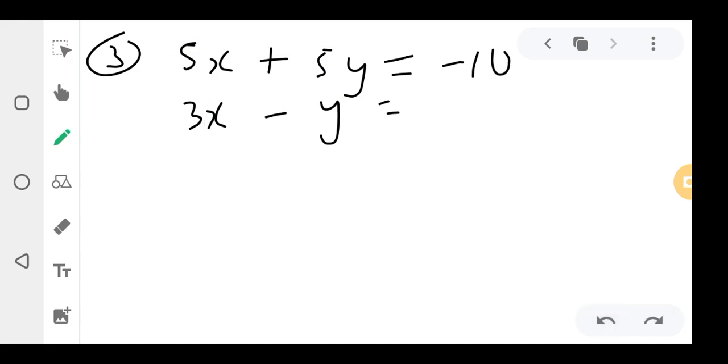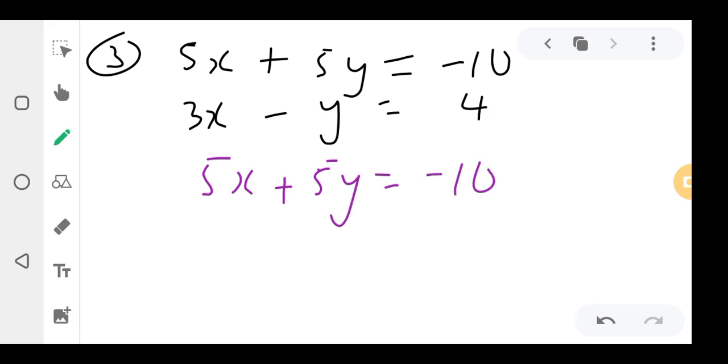So we start. The first thing we do is we write this equation here: 5x plus 5y is equal to negative 10, and then 3x minus y is equal to 4.